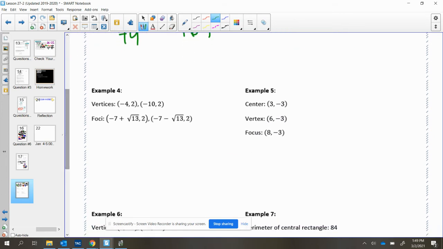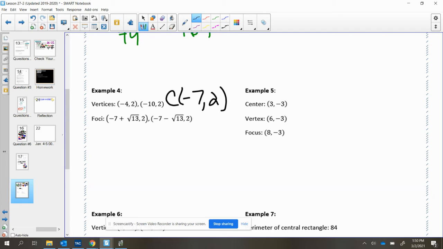Again, we are given an example this time that is not giving us our center. So again, we're going to want to find our center value by looking at the midpoint of these. Now, if we notice, -4 plus -10 is -14. Divided by 2 is -7. 2 plus 2 is 4. Divided by 2 is 2. So we have our center.